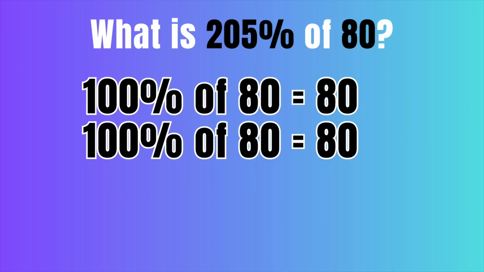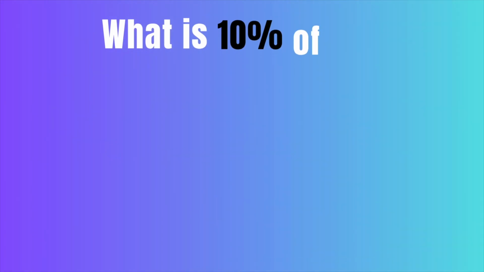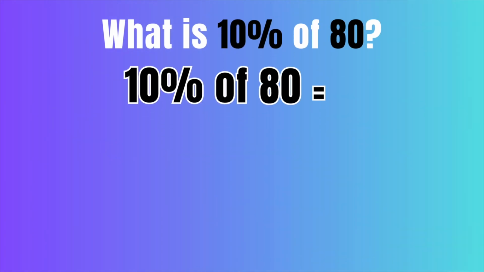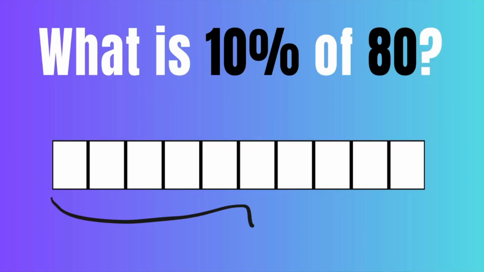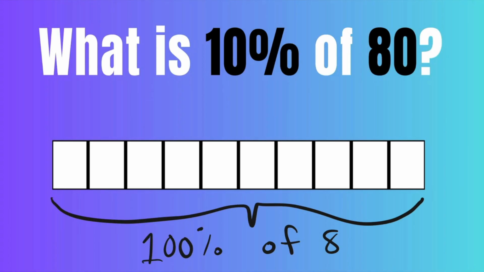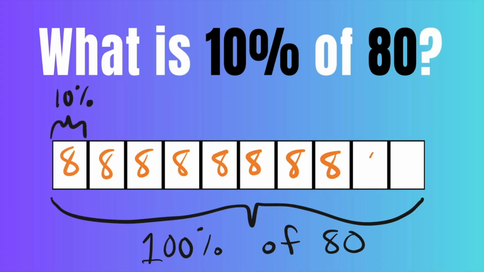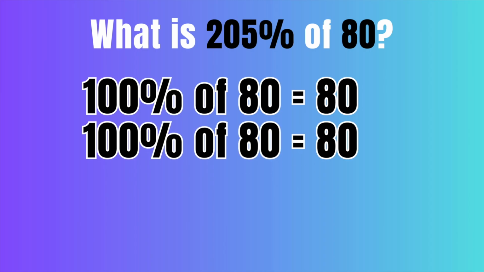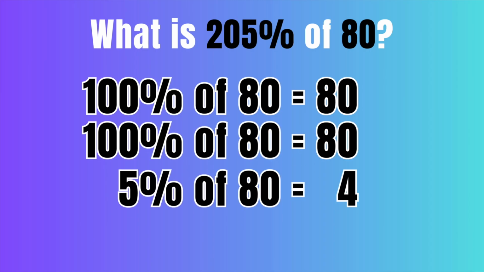Well, what is 10% of 80? Knowing 10% of 80 will help us find 5% of 80 because we can just cut that number in half. So 10% of 80 is just going to be moving the decimal over one spot. So 10% of 80 is 8 because 8 is 1 part out of 10 parts of 80. If 10% of 80 is 8, that means 5% of 80 must equal 4.